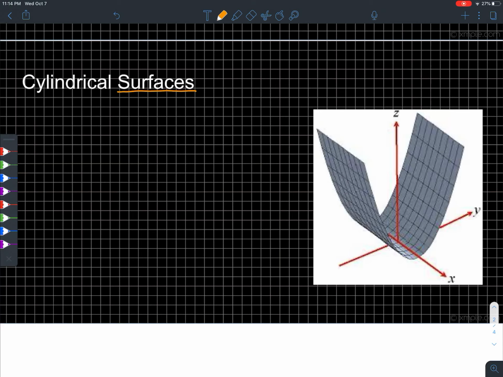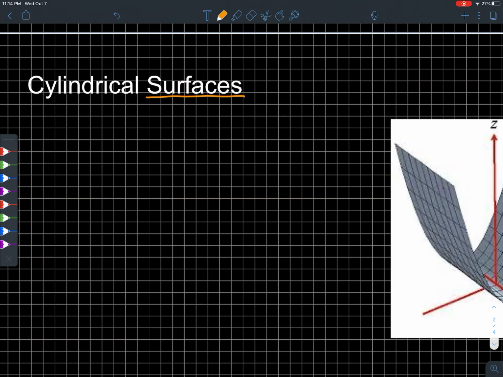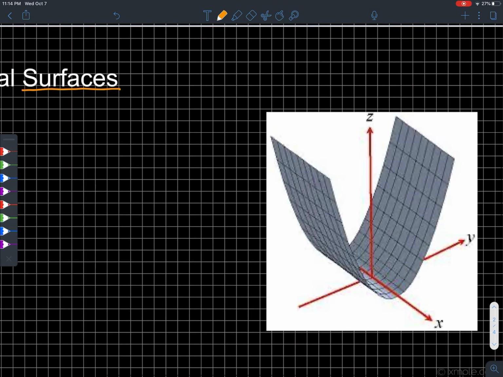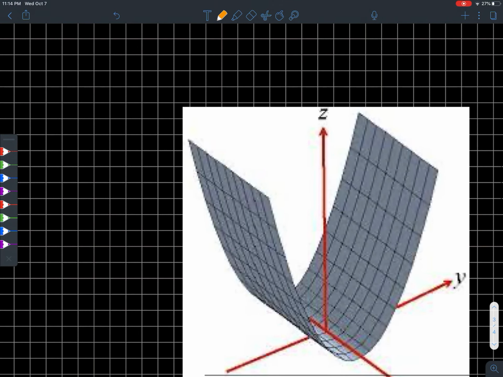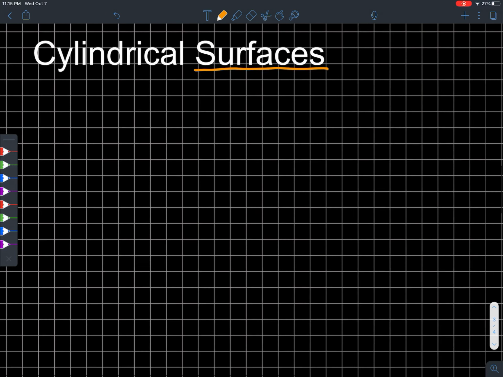So cylindrical surface. What is a cylindrical surface? It's a locus. So it's a collection of points that meets a given condition. So what is that condition that a cylindrical surface meets? Well, it depends. So this cylindrical surface meets the condition z equals y squared. That's a parabola.